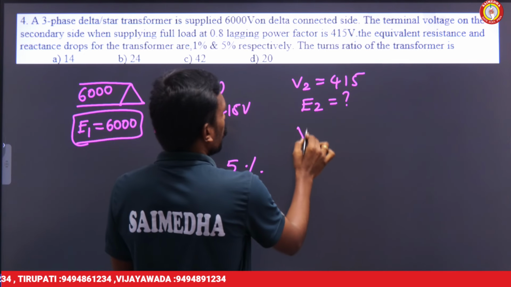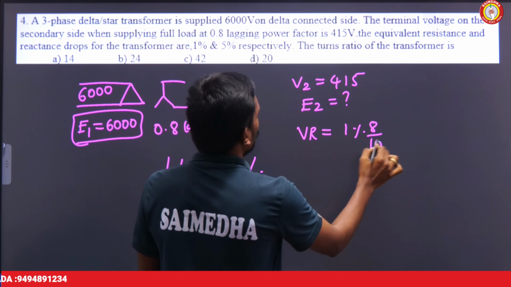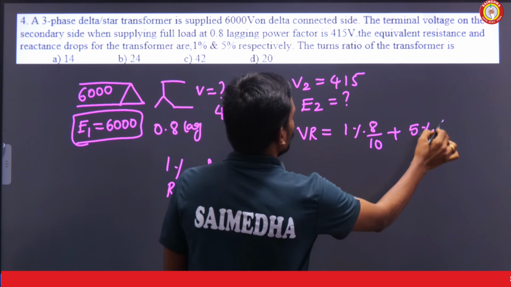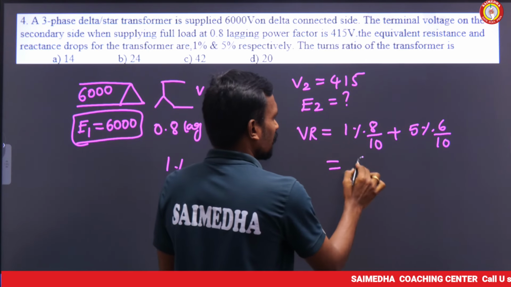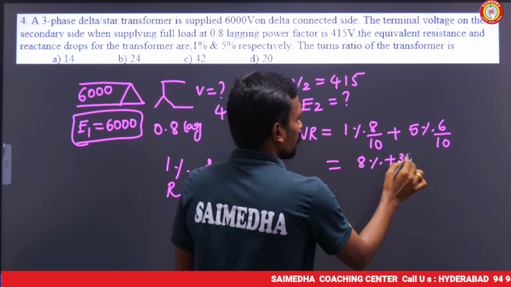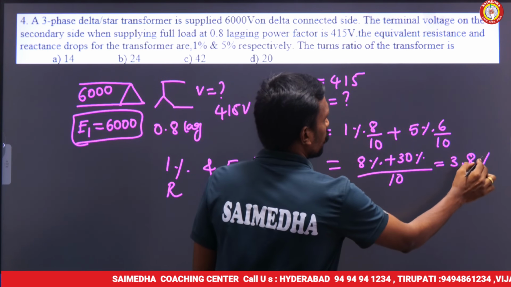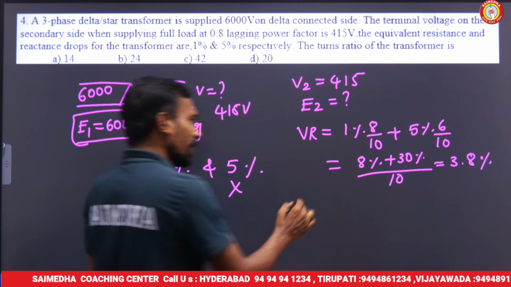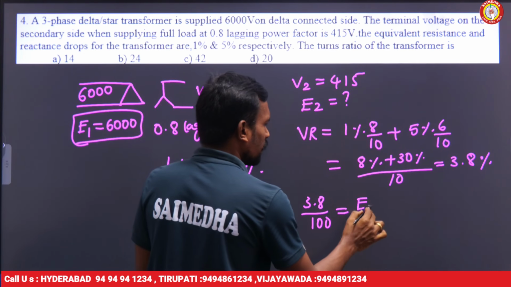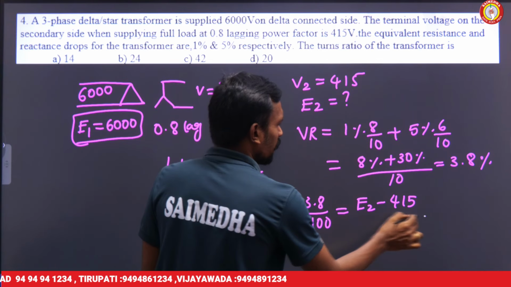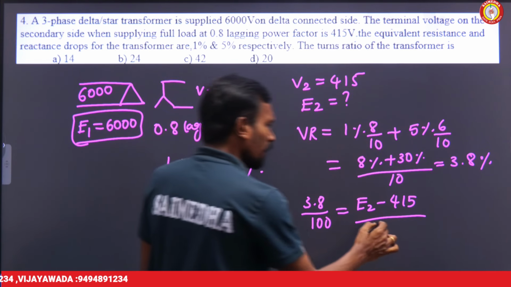First of all, what is the voltage regulation? Voltage regulation is equal to percentage R into cos phi plus percentage X into sin phi. How much? 8% plus 30%, so 38% by 10, which equals 3.8%. That is the voltage regulation, that is (E2 minus V) by E2, where V is the load terminal voltage that they have given.